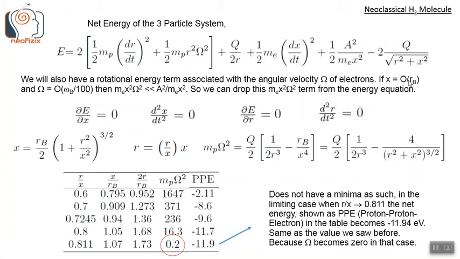If x is of the order of Rb, the Bohr radius, and omega is of the order of omega b by 100, that we saw in the case of the hydrogen atom in the previous video, we estimated that the big omega must be of the order of omega b, the small omega b, which is the angular velocity of the first Bohr orbit. So the big omega is of the order of omega b by 100.